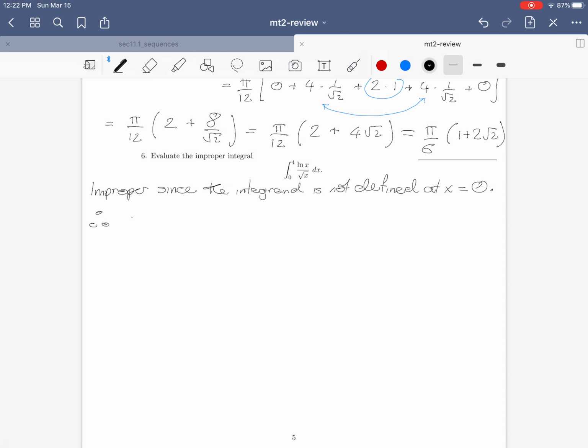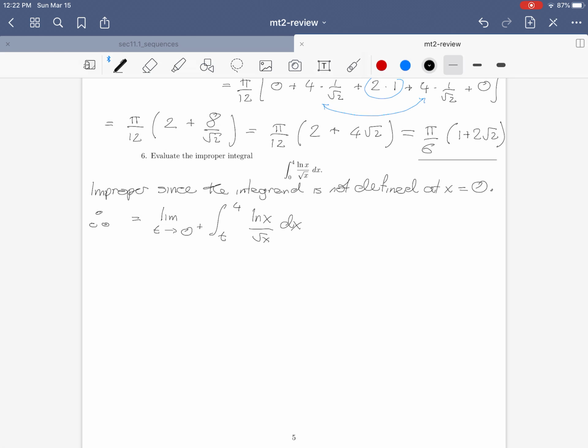So therefore, we define this integral as the limit, as t tends to 0 from above, of the integral from t to 4 of ln x divided by square root x dx.